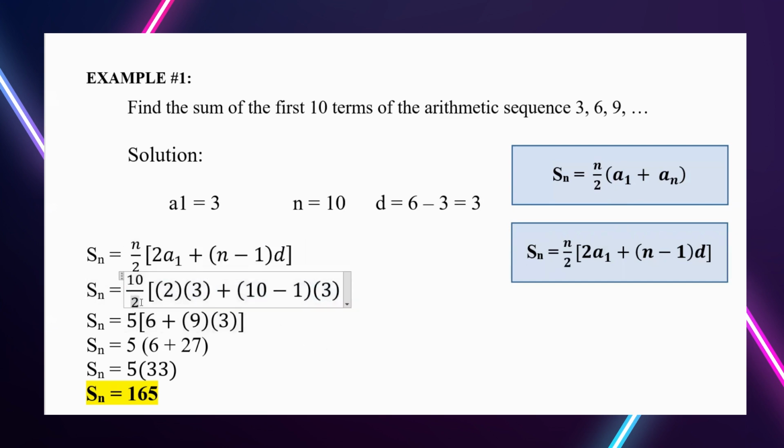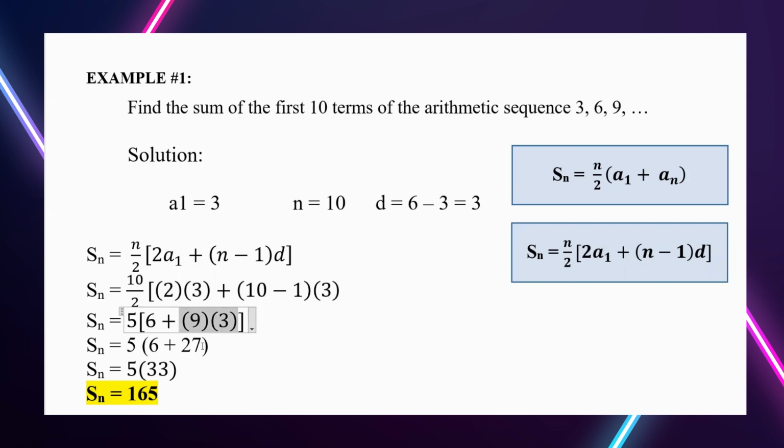So 10 divided by 2 is 5. 2 times 3 is 6. 10 minus 1 is 9. And bring down positive 3. So applying the rule of PEMDAS, therefore, una nating isa-solve ang multiplication, which is 9 times 3.